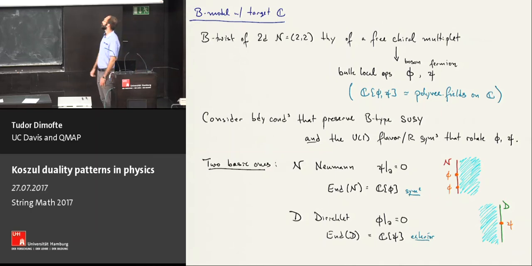The local operators that survive on the Neumann boundary condition are just insertions of the boson, so we end up with a symmetric algebra as the operators on N. The other boundary condition is Dirichlet, which kills the boson. It preserves the fermion, and we get an exterior algebra generated by this fermionic operator psi as the operators on D.